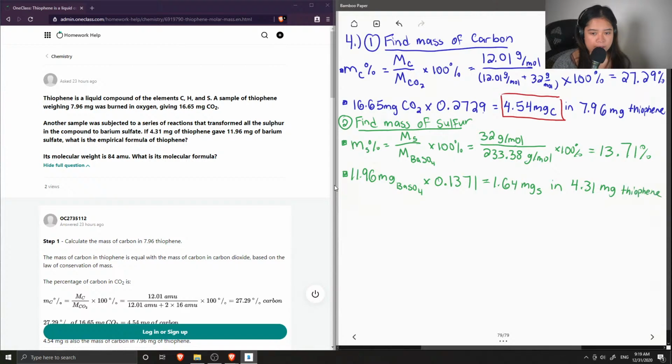And I want to express this in the same mass of thiophene as my carbon. So to find that, we need to do an additional step, just showing the ratio of the masses. We can find the sulfur in 7.96 milligrams of thiophene. So we know that 1.64 milligrams of sulfur is in the 4.31 milligram sample.